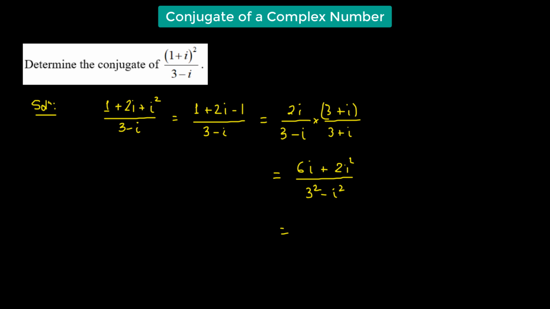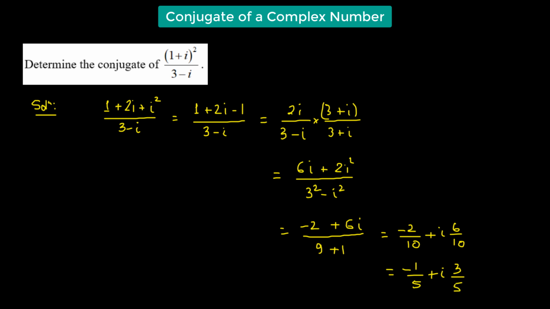So 2i squared will be negative 2, plus 6i divided by 3 squared, which is 9, and i squared will be negative 1. So negative times negative will give us a positive. So that leaves us with negative 2 over 10 plus i 6 over 10, and we simplified it, and this should give us minus 1 over 5 plus i 3 over 5.